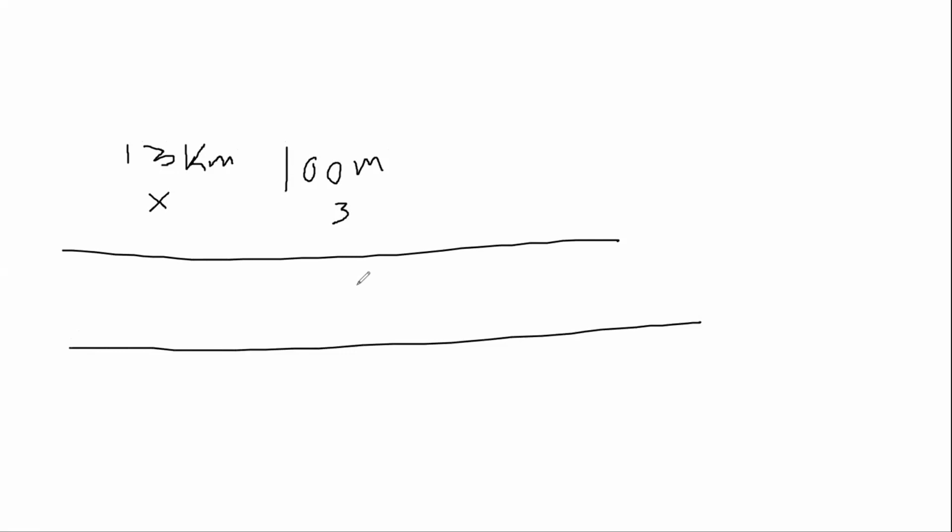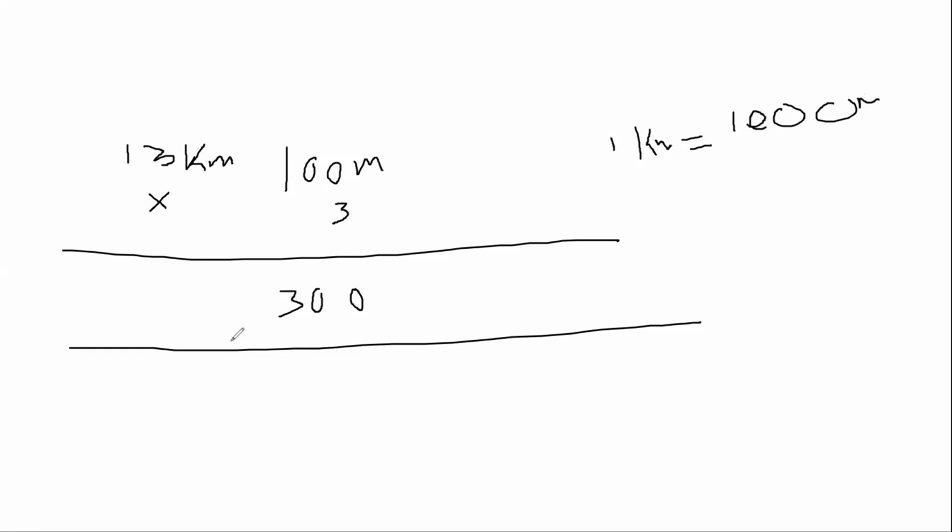Your 3 comes down directly because I want to start working out the question. 3 times 0, 0. 3 times 0, 0. 3 times 1, 3. 1 kilometer is equal to 1,000 meters.